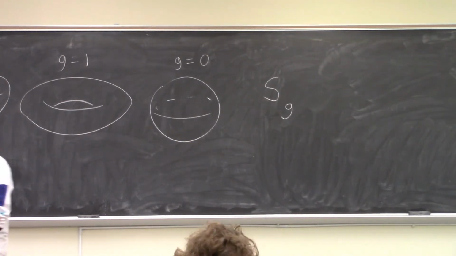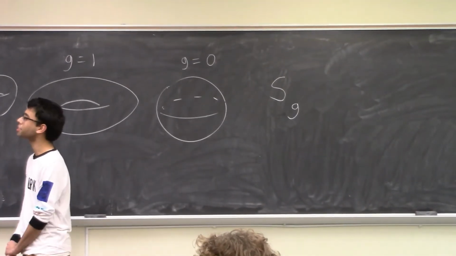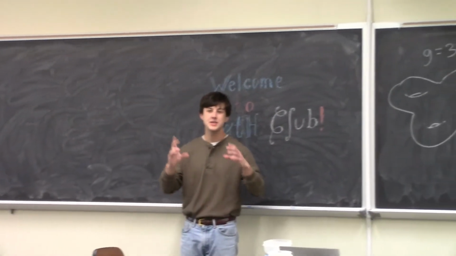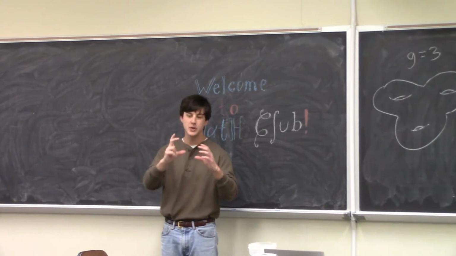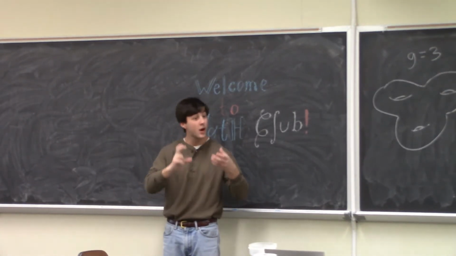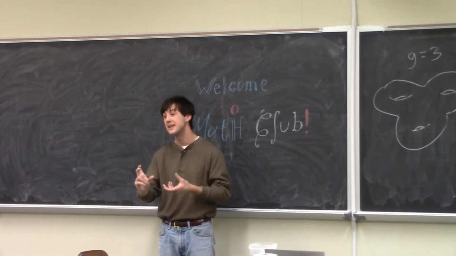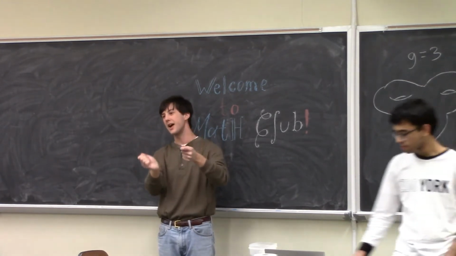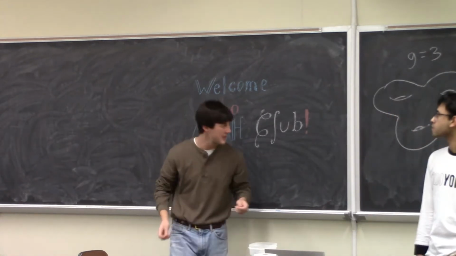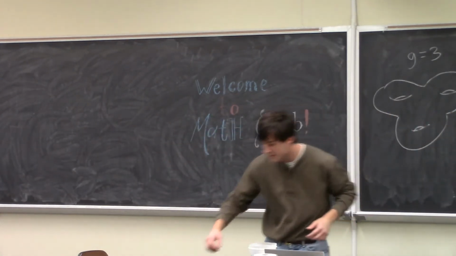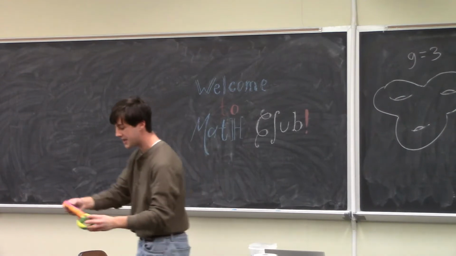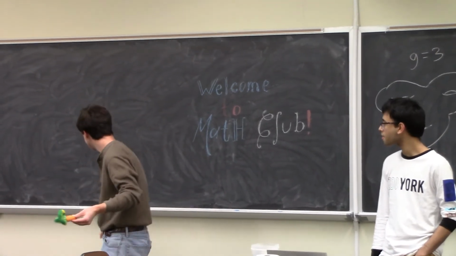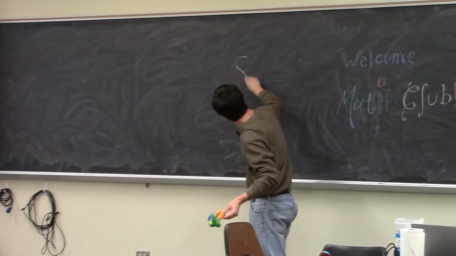Now we can start talking about maps. A map is a decomposition of a surface into faces or regions that are homeomorphic to a disc. This means that if I cut them out and bend them around and wiggle them, they'll look just like a disc. These are examples of maps on various surfaces, and you can see they consist of different colored regions, each of them a single blob.